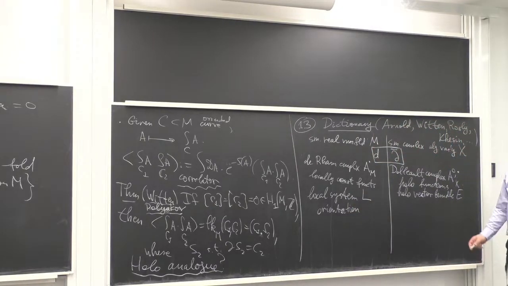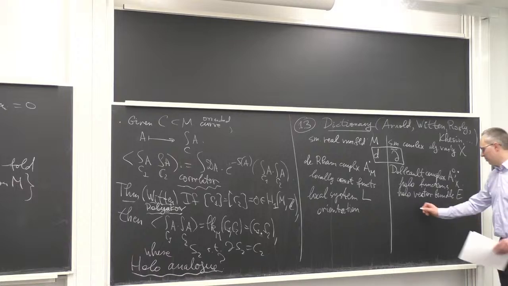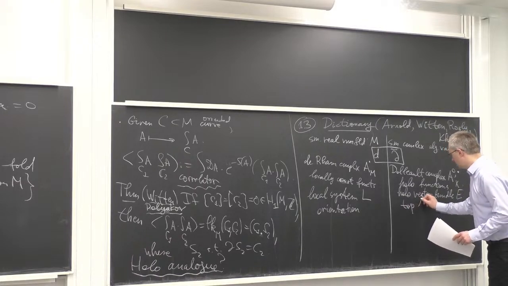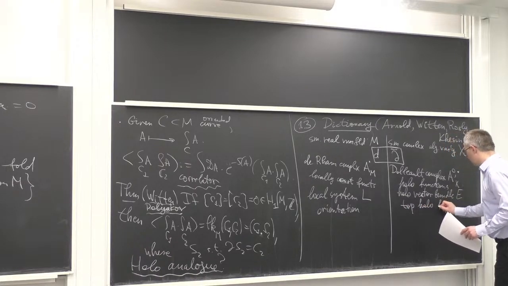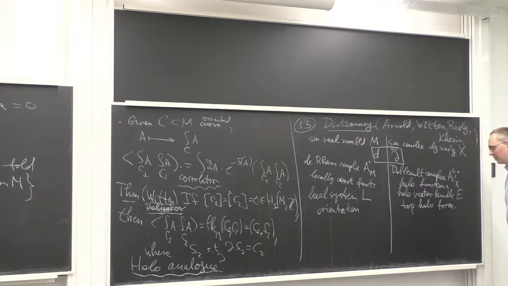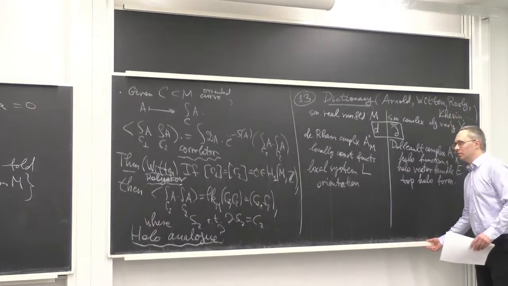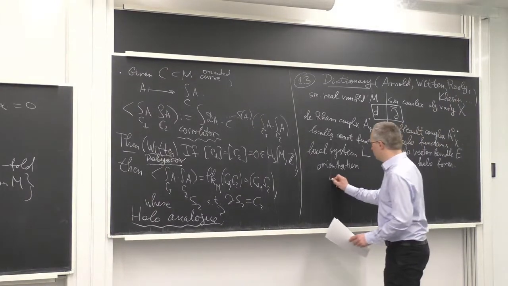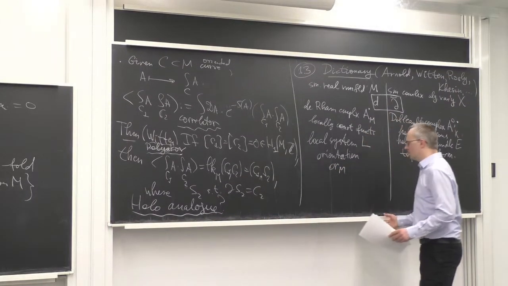Okay? So what should orientation correspond to? The orientation corresponds to a top holomorphic form. And orientation is a section of the orientation shift. Sometimes it is not constant, right?